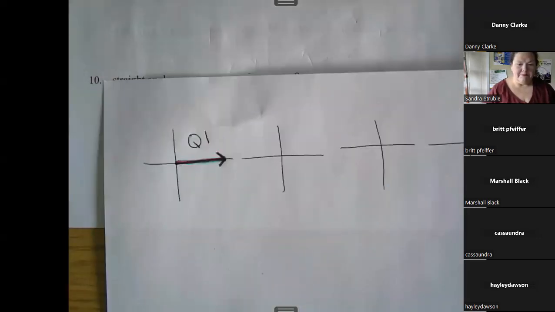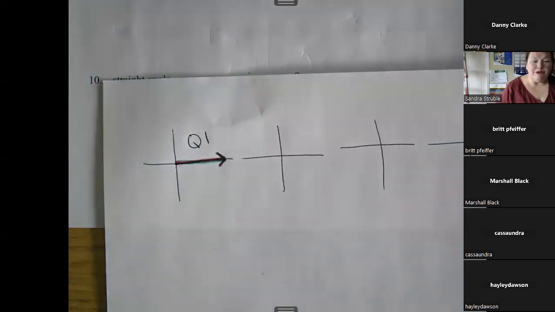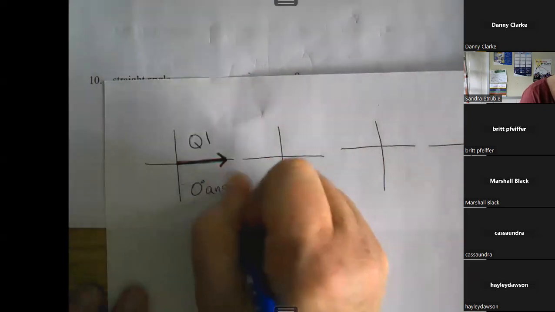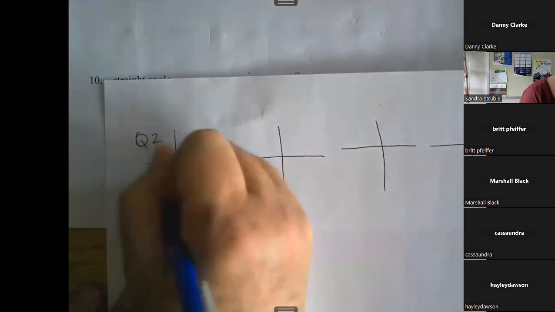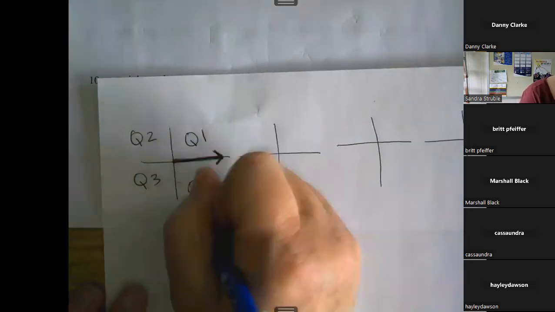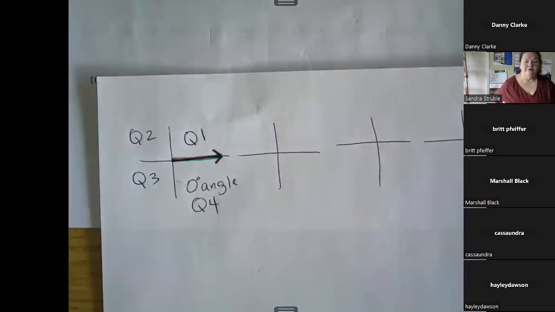And I'll make that one in red. That's a 0 degree angle. That is a 0 degree angle. This is quadrant 1, quadrant 2, quadrant 3, and this last cute one over here is quadrant 4. Okay, they go counterclockwise.